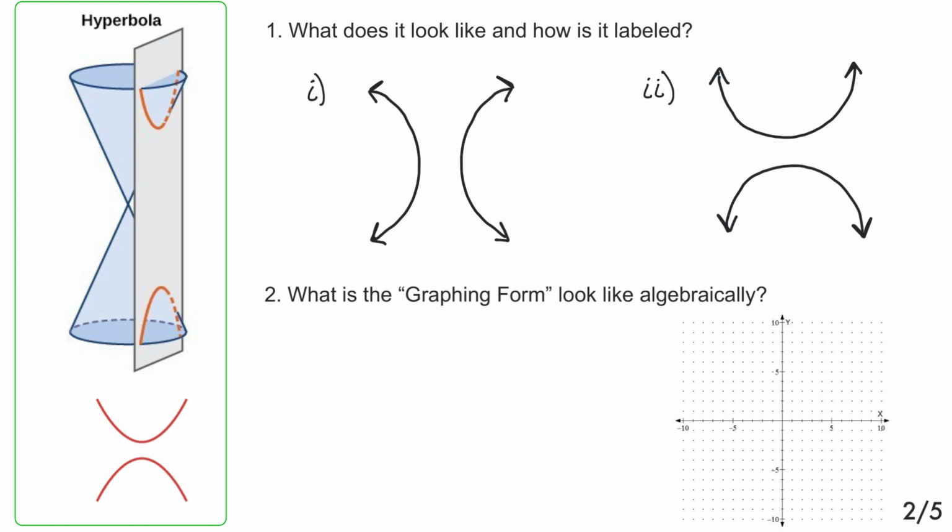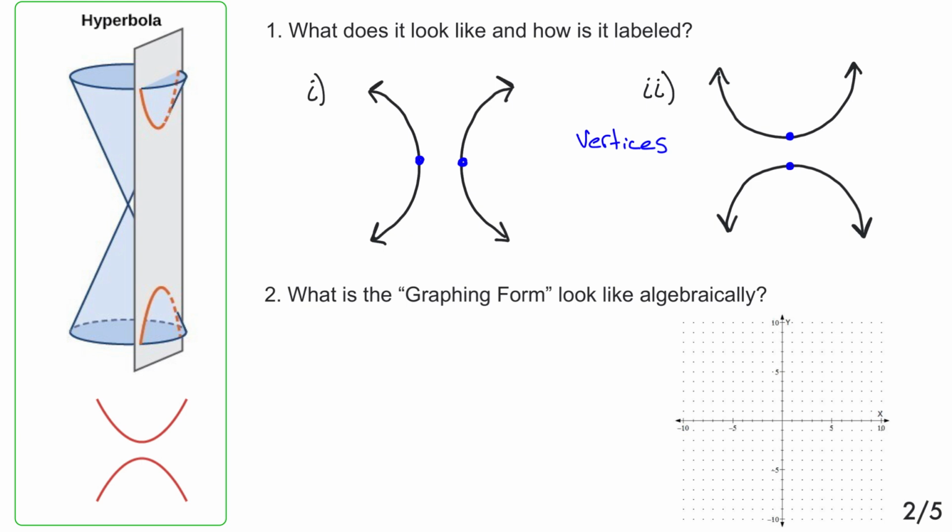For type 1, it'll have two vertexes, aka vertices, left and right of each other. For type 2, the vertices would be up and down from each other. Those are the vertices, the vertexes of each corresponding hyperbola.